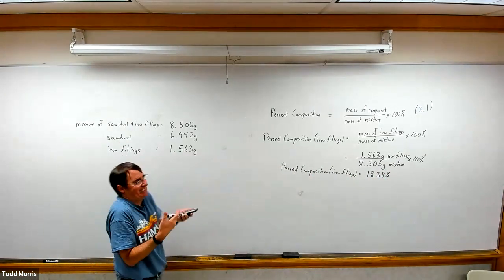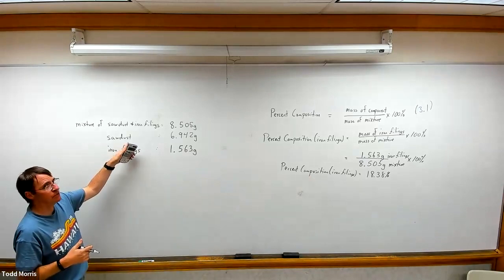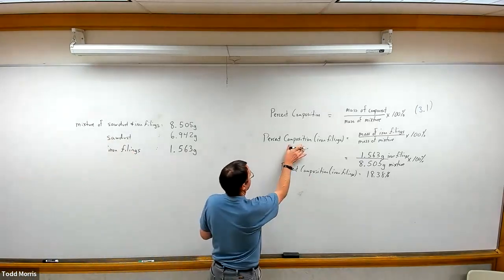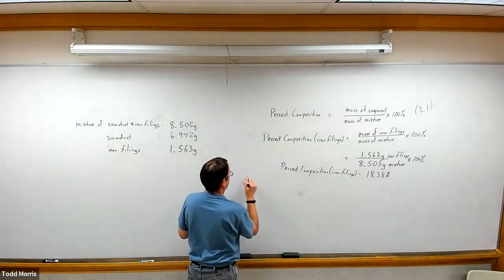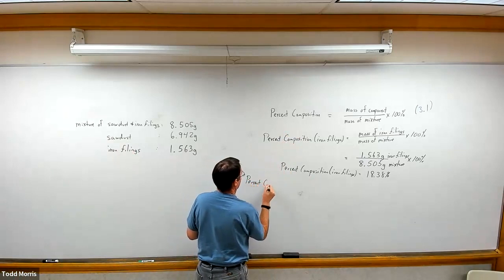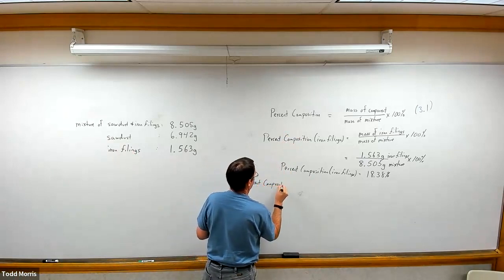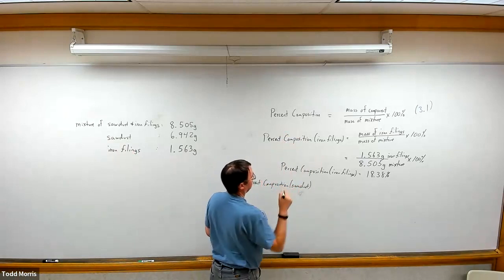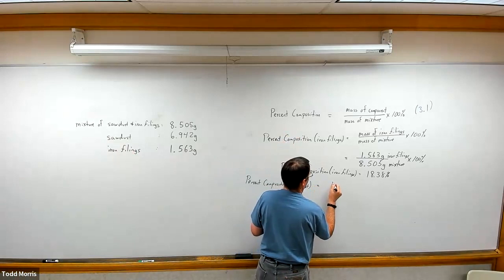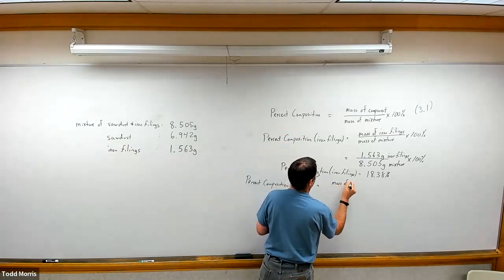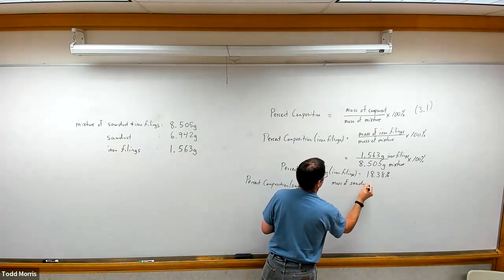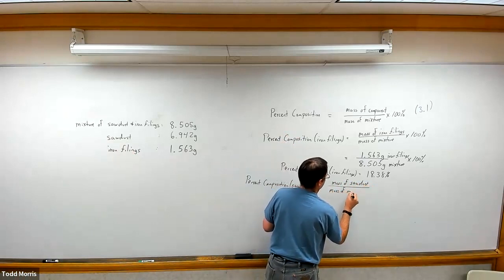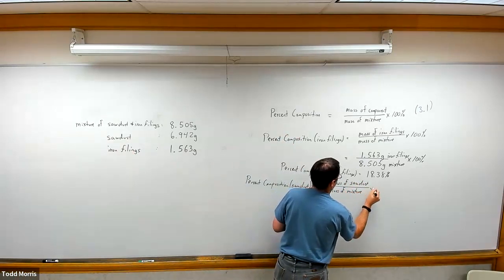We might also be at least equally interested in determining the percent composition with respect to the other component, the sawdust. To do that, we use a similar equation, equation 3.1. The percent composition with respect to the sawdust is simply equal to the mass of the sawdust that was present divided by the total mass of the mixture times 100%.